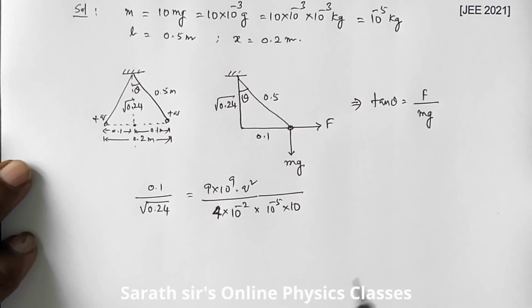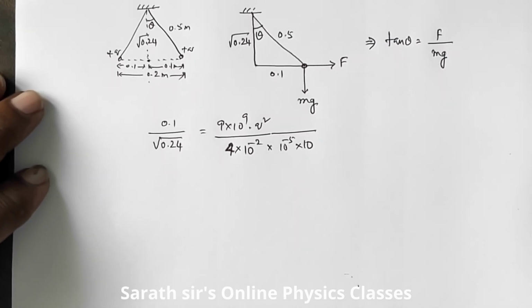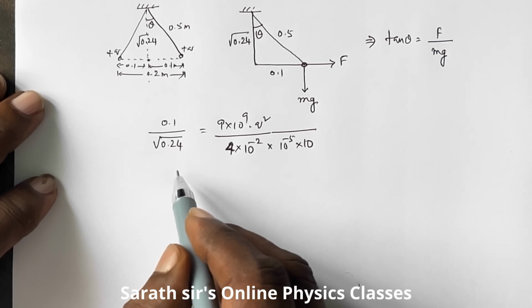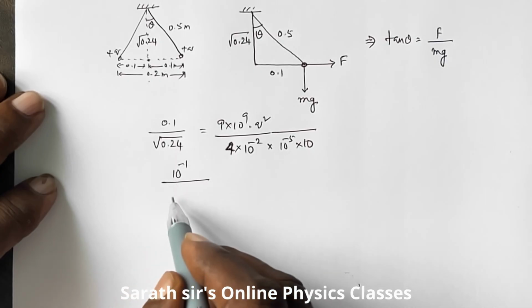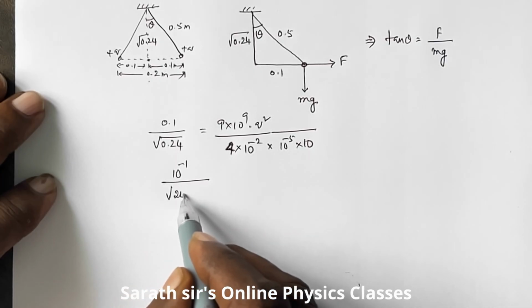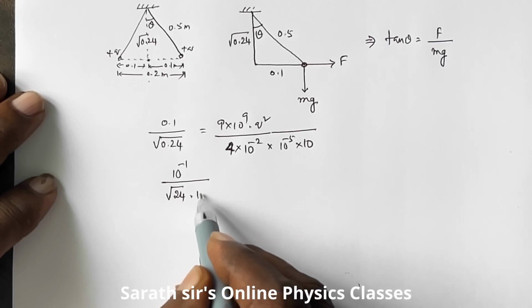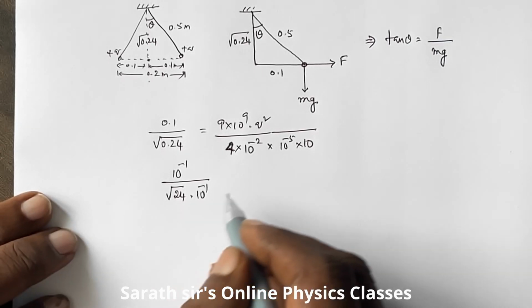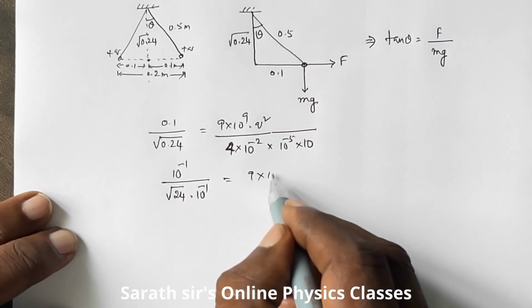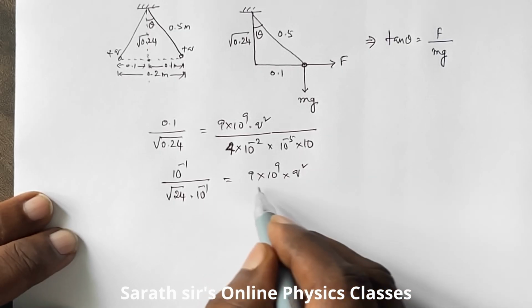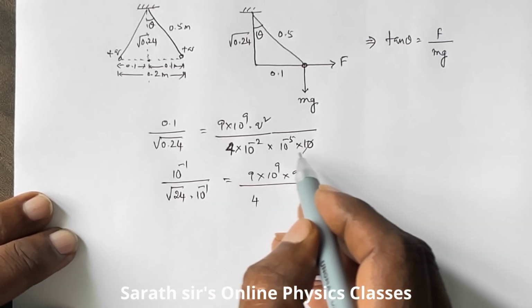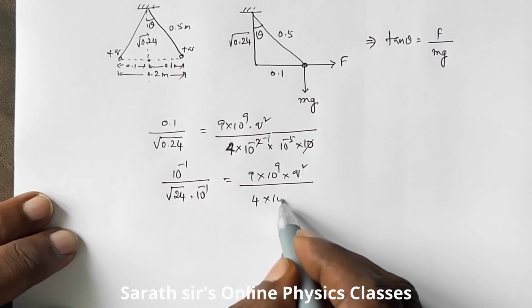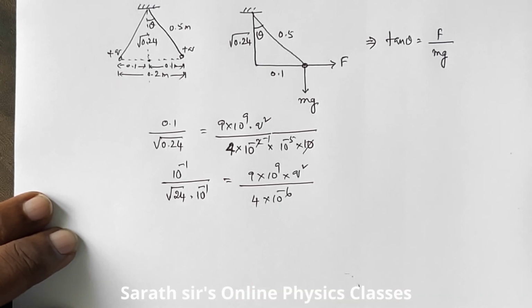So we write like this: 0.1, that is 10 power minus 1, by root 24 into 10 to the power of minus 1, is equal to 9 into 10 to the power of 9 into q square by, here 4 into 10, the 10 power goes minus 1, 4 into 10 power minus 6, here these two also cancel.